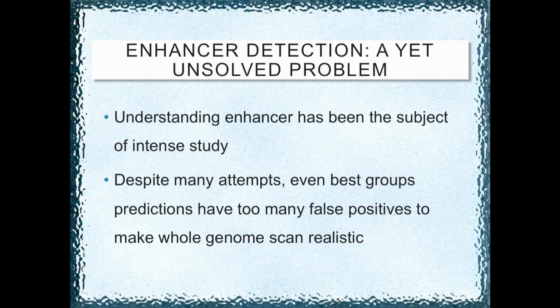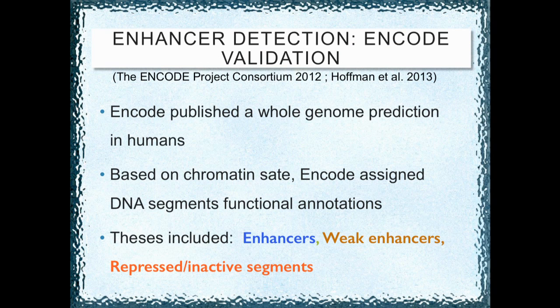For instance, the ENCODE consortium segmented the entire genome into functional annotation, including enhancers, weak enhancers, and non-enhancers, primarily based on ChIP-seq histone modification data.